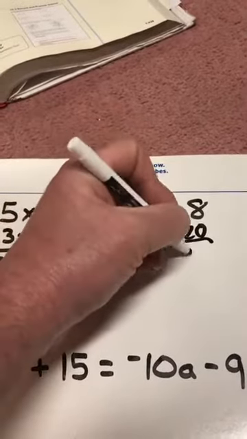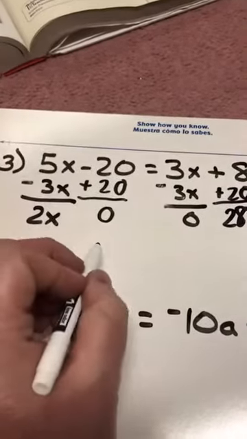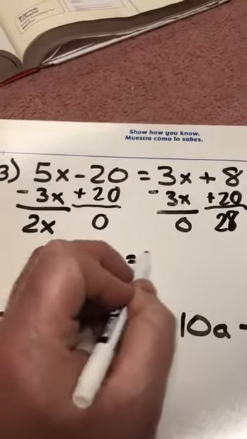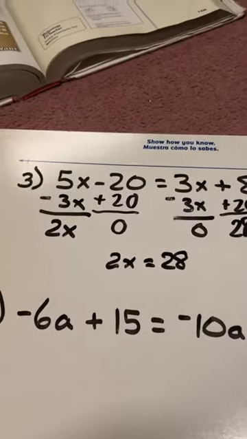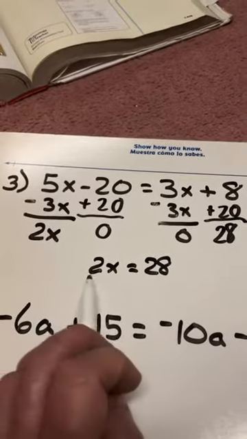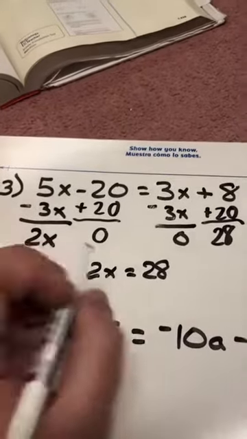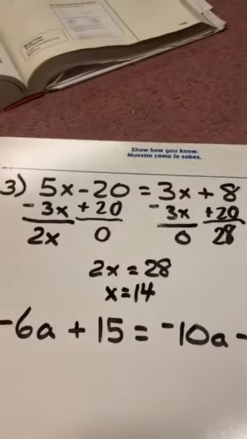And 8 plus 20 equals 28. So now that leaves me with 2x equals 28. Then, either mental math or with your calculator or on a paper, you have to think 28 divided by 2. 28 divided by 2, x equals 14.